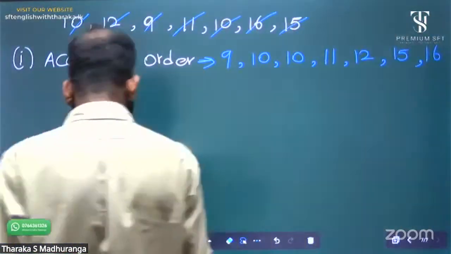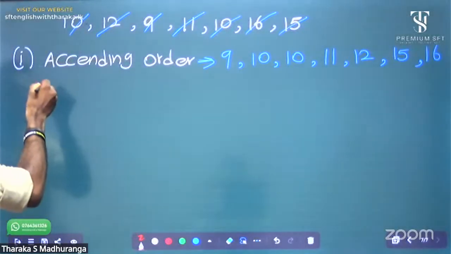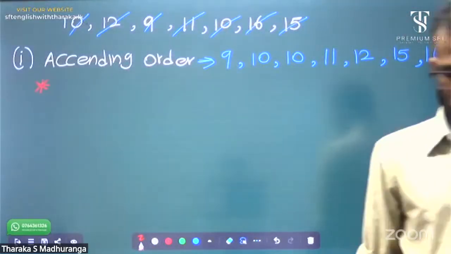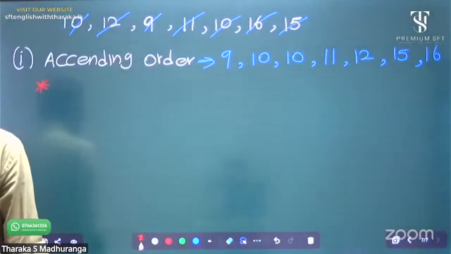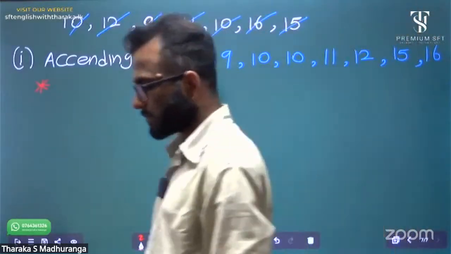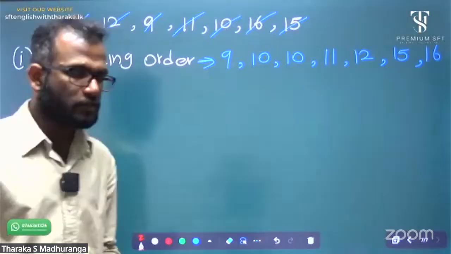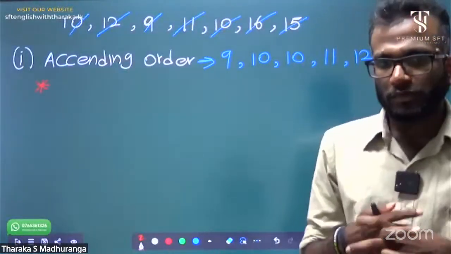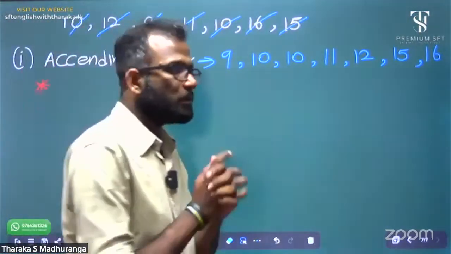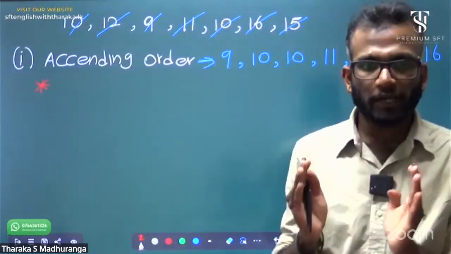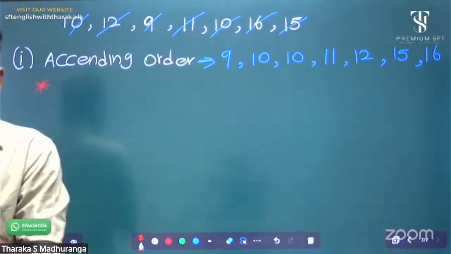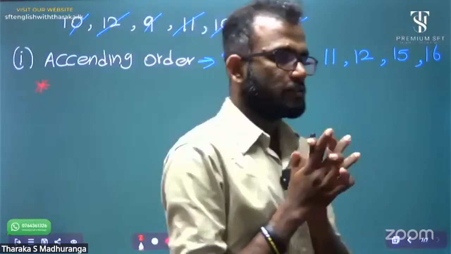Okay, write down with a star mark, a red star mark. Any simple frequency distribution is compulsory to prepare in ascending order before any type of analysis.